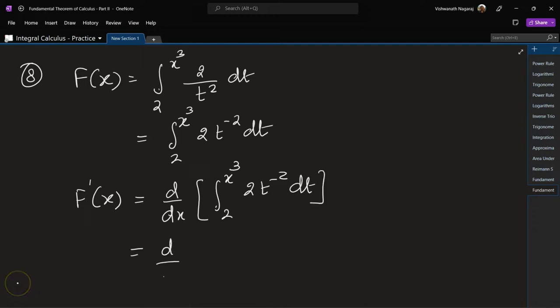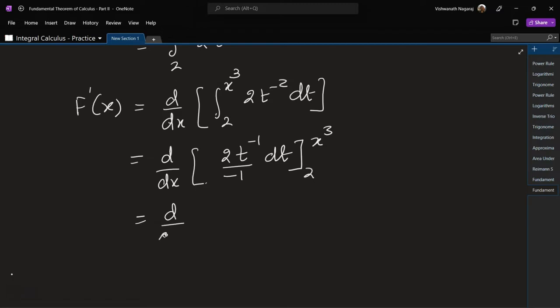So let's do the integration. We get 2 t to the power of minus 2 plus 1, that is minus 1, by minus 1 dt from 2 to x cube. Okay, let's first simplify this a little bit.